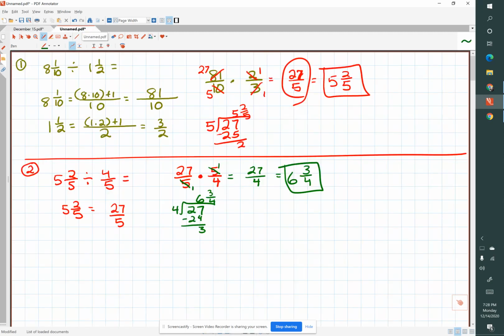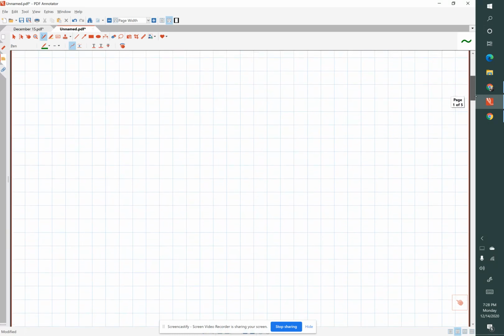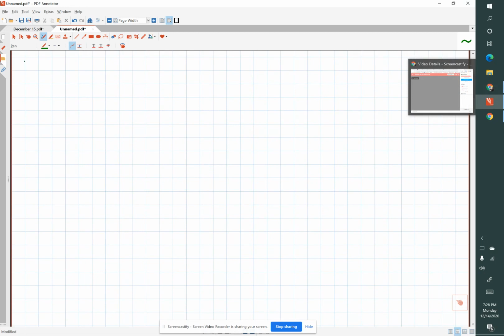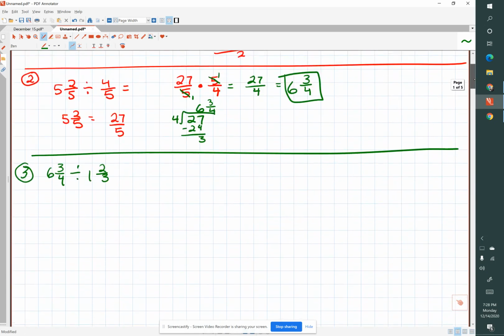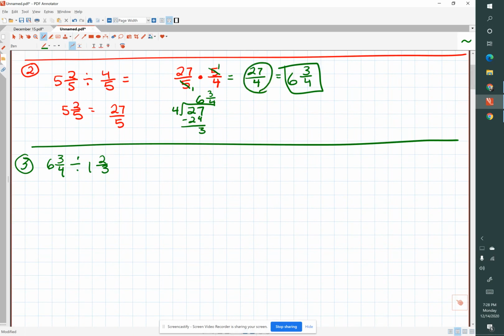Okay, so now number 3. Six 3/4 divided by 1 2/3. So 6 3/4 we already know from our prior problem is the same as 27/4.